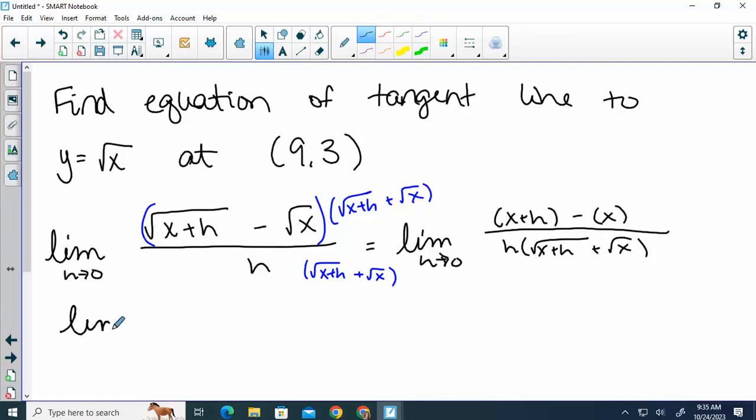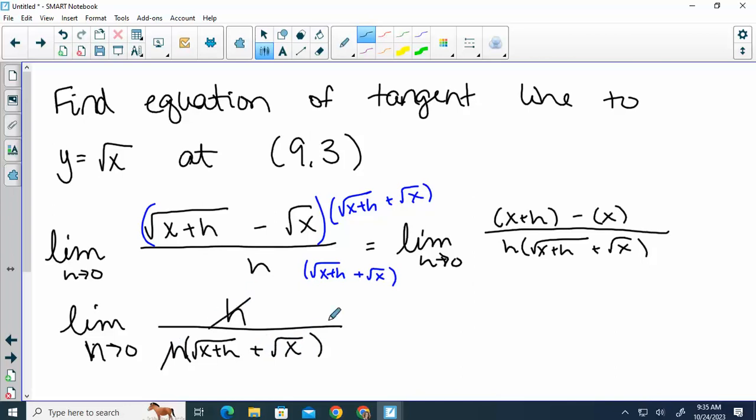So then on the top, my positive and negative x cancel, so I have h over this. Now I can cancel my h's, plug in my zeros, so we get 1 over 2 radical x.